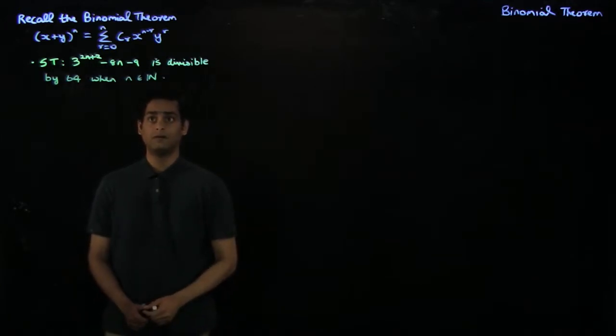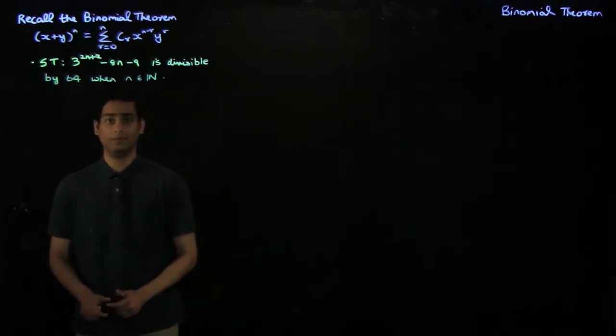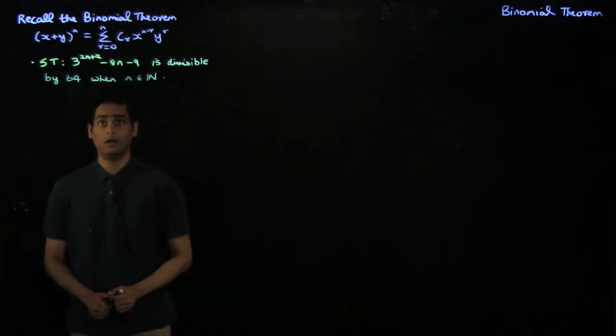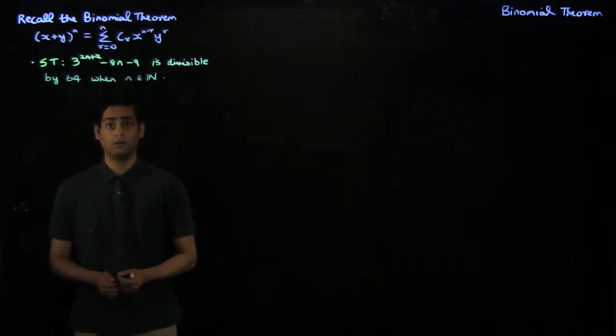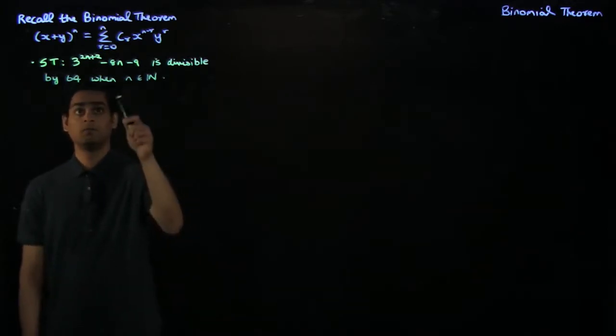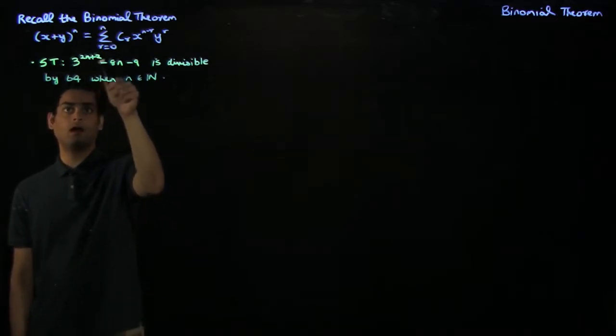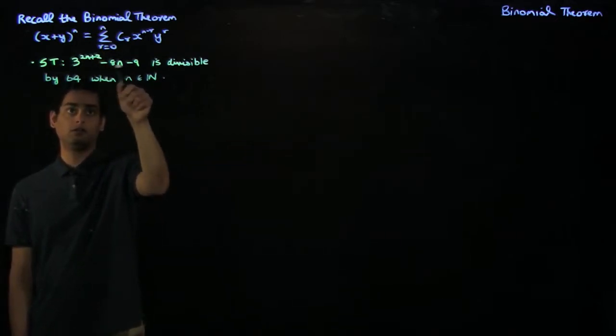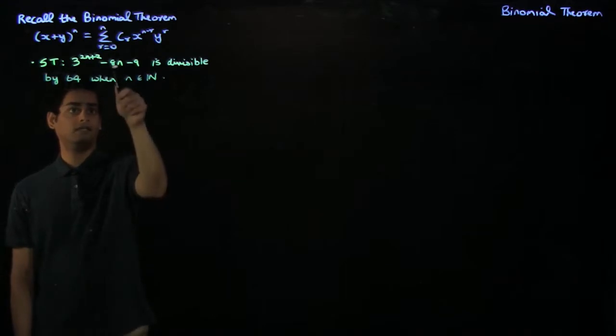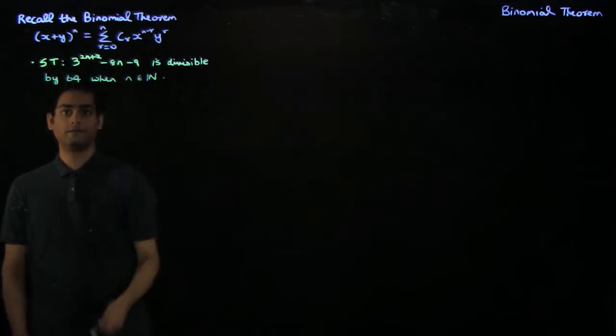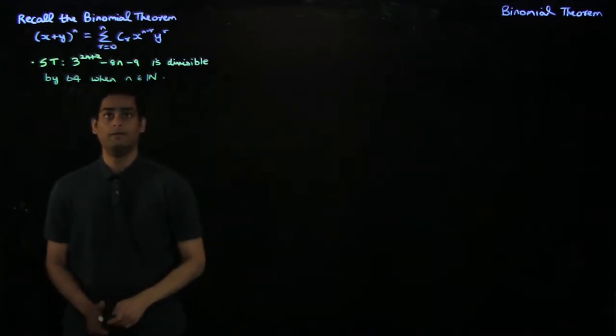At first sight, there doesn't seem to be a binomial expansion you can apply to generate this result. So we would like to create a binomial expansion to derive this result. Notice that you have an exponent here, but you also have some terms here, and these terms are in general not divisible by 64 for n being natural numbers.